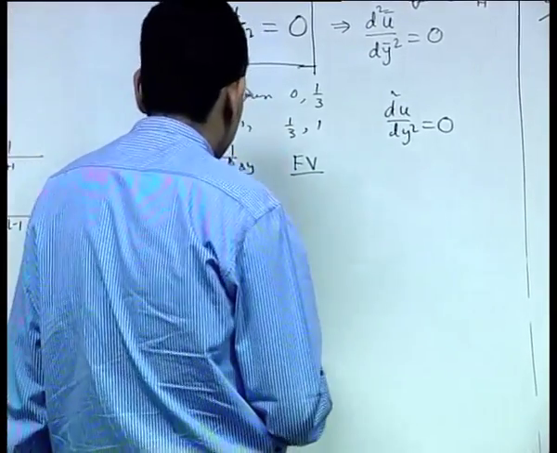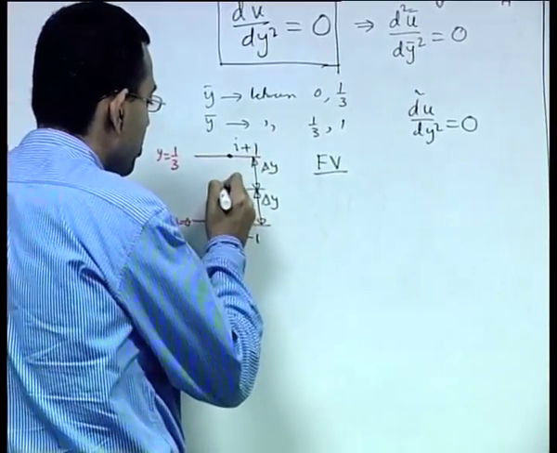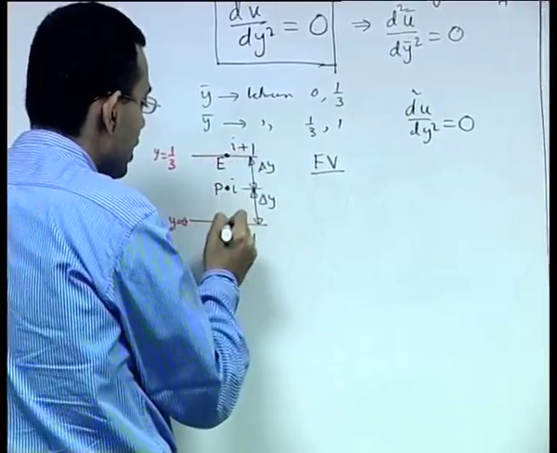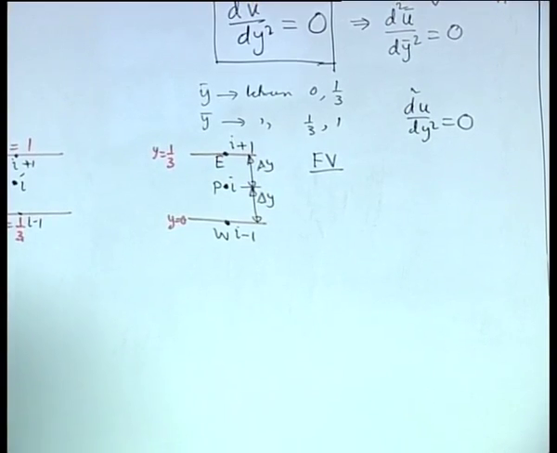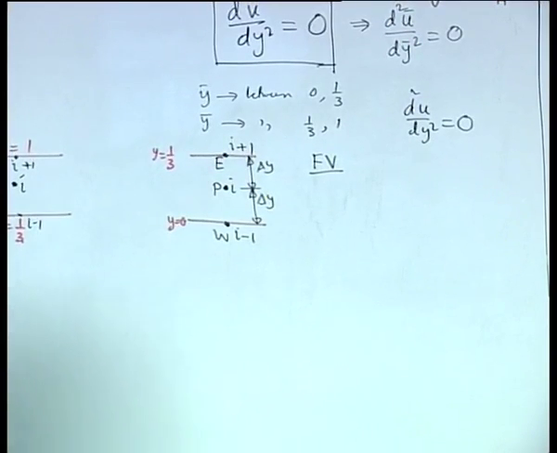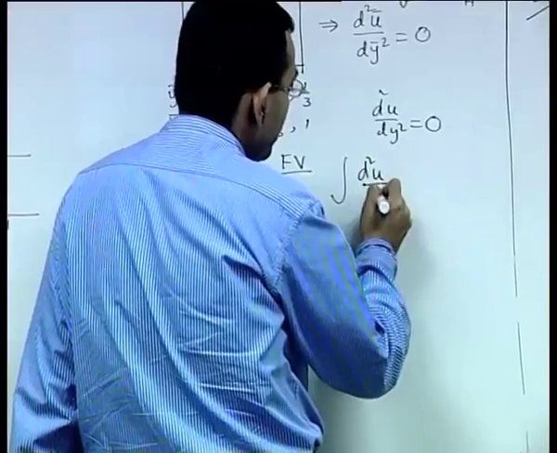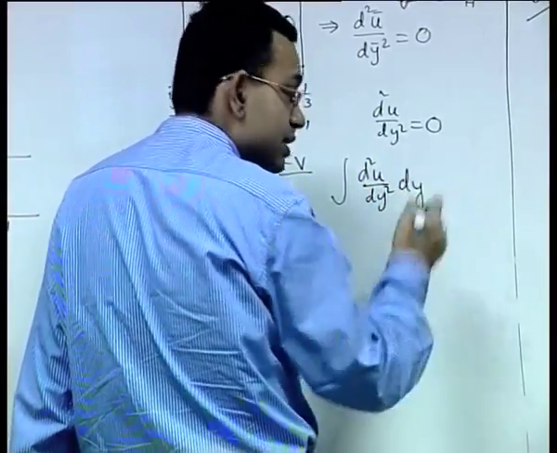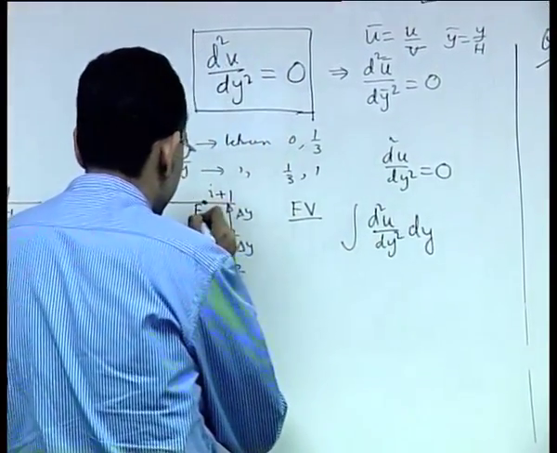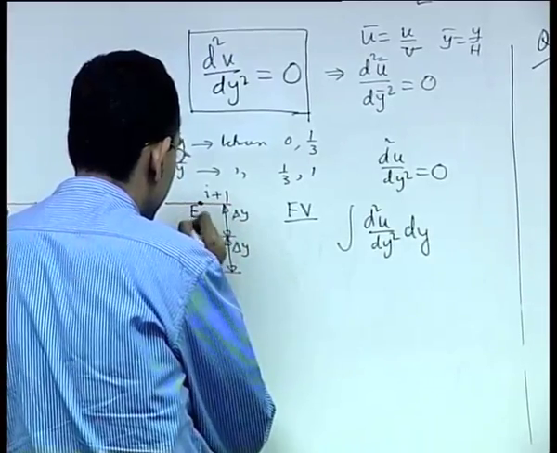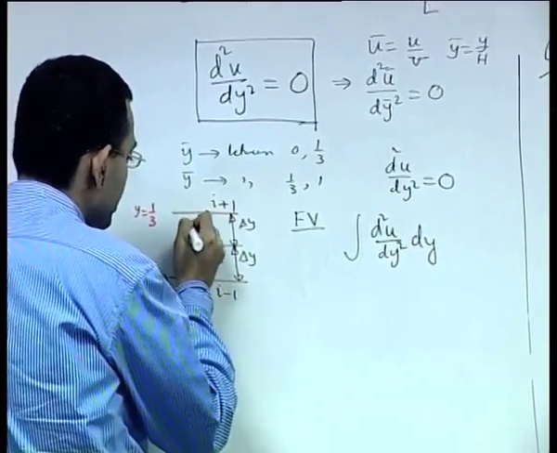So, finite volume method, this is like the point I is like P, I plus 1 is E and I minus 1 is W. So, the first step is to integrate the governing differential equation with respect to the variable, here it is y, so your control volume faces are, this is small w and this is small e.